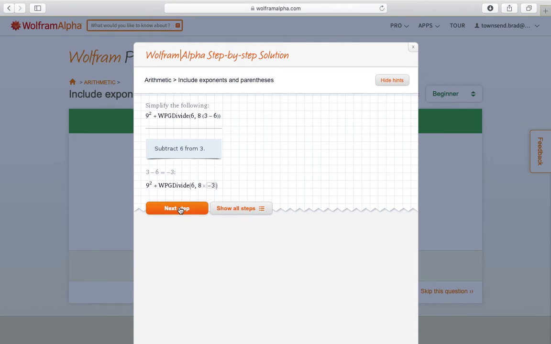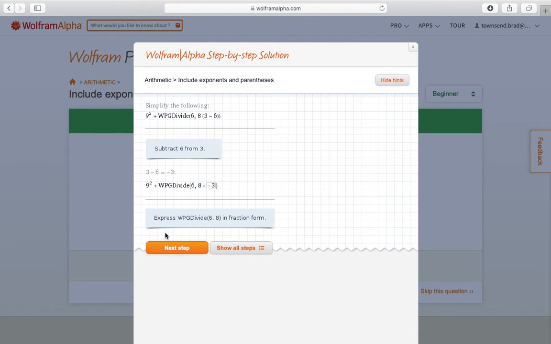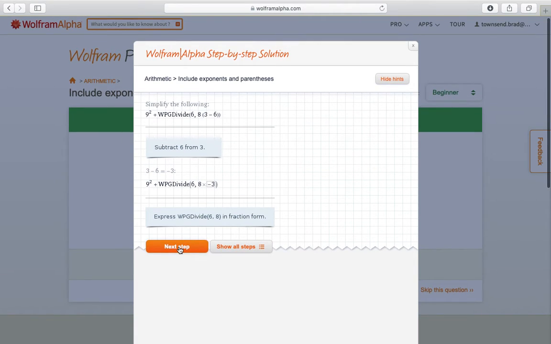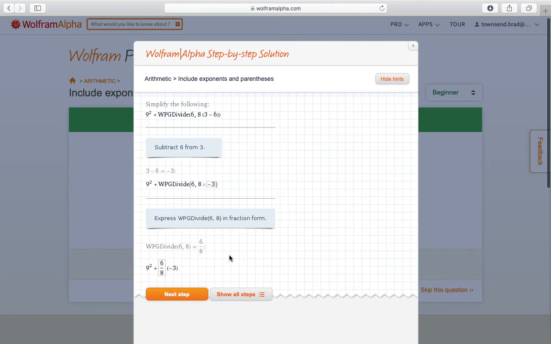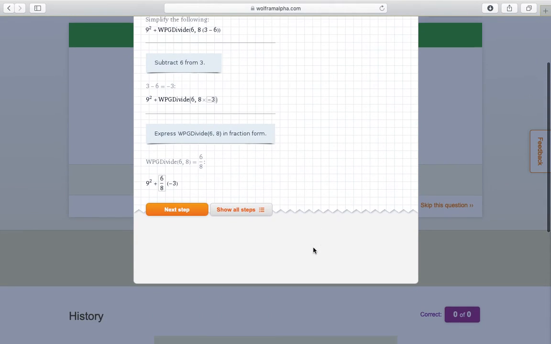Let's see. And then their next step is 9 to the second power, and I came up with 81. Let's see what they came up with. And that's the expression for them doing the, okay.